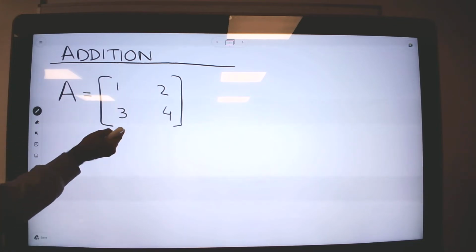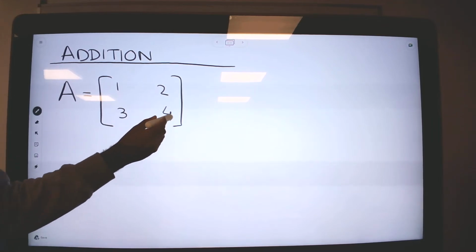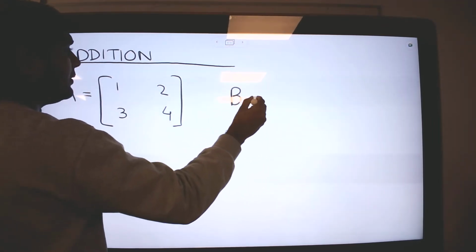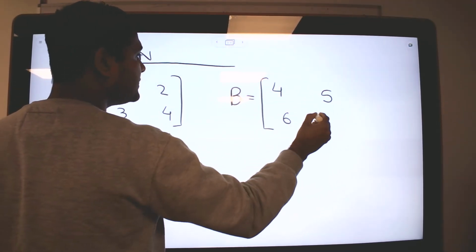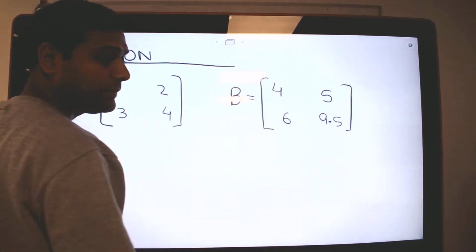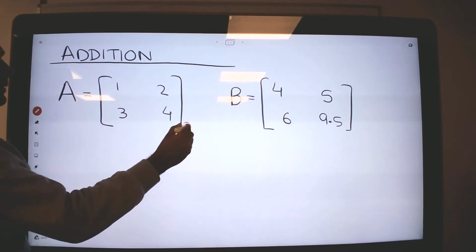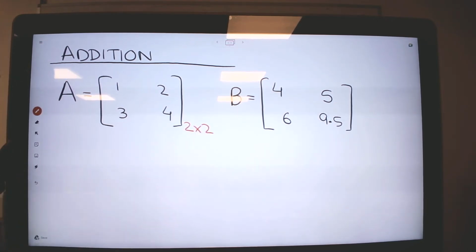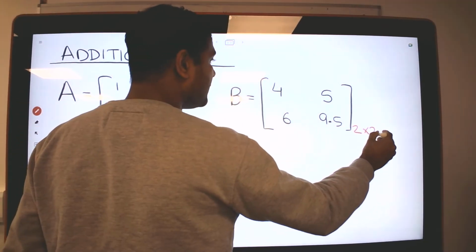And there is a matrix B: 4, 5, 6, 9.5. Yes, because it can be any number, it can even be a fraction. What's the order of the first matrix? Anyone? 2 cross 2. What's the order of the second matrix? 2 cross 2.